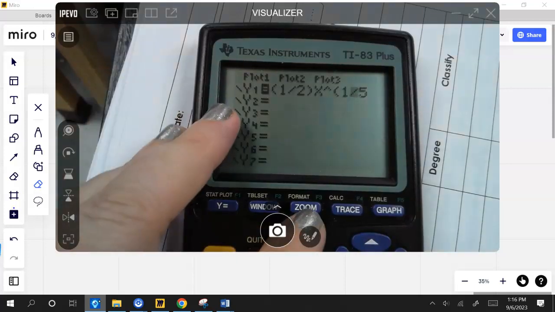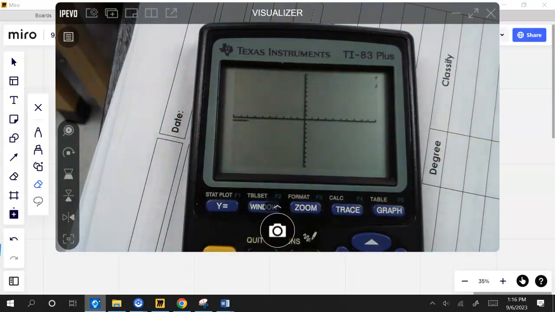It'll give you the same thing. Well, that stretch is happening because of that 1/2. It's not doing anything else because there's nothing else with it. It's just a monomial.